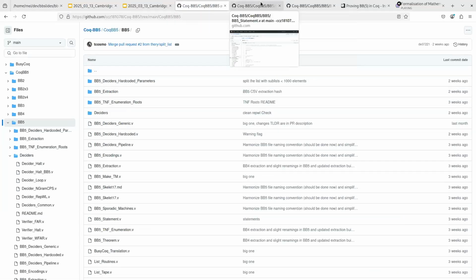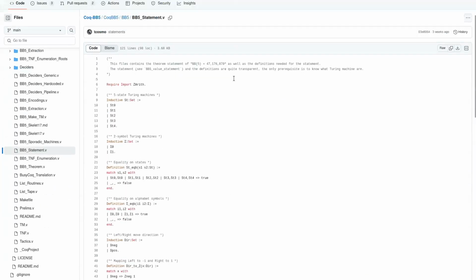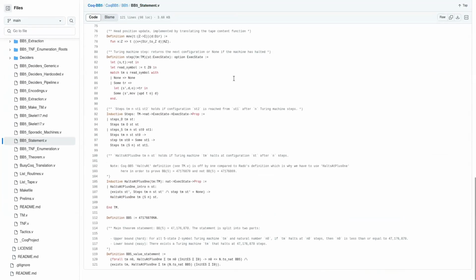And we have tried to follow good practices, where we have isolated the statement of the theorem in a file that's quite transparent and only 120 lines out of the whole 50,000 lines that the proof takes.